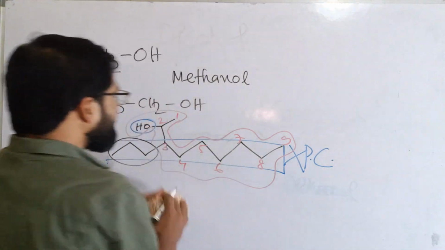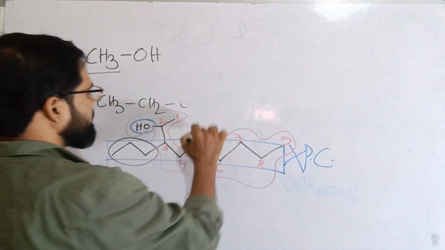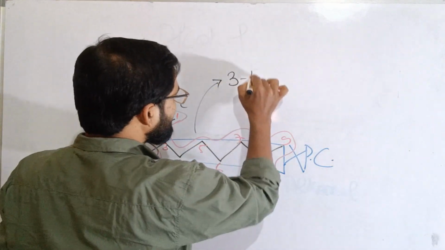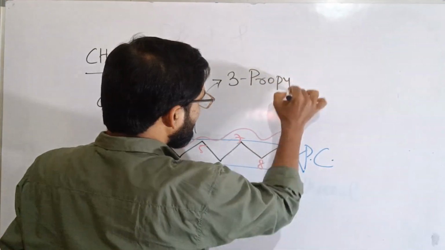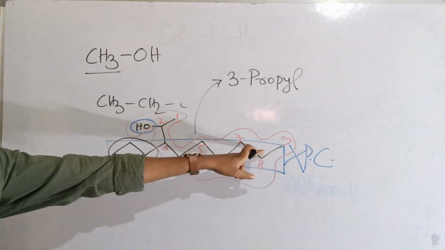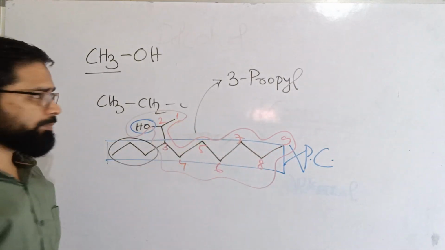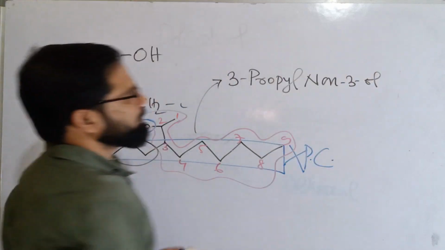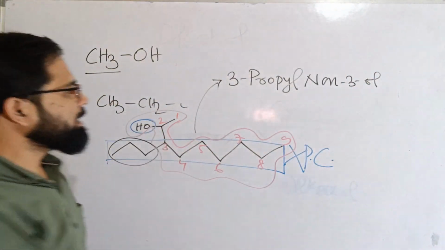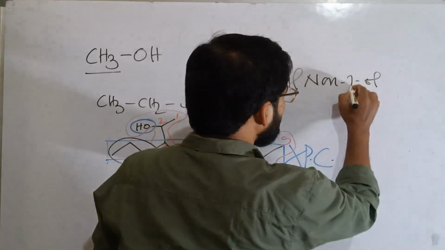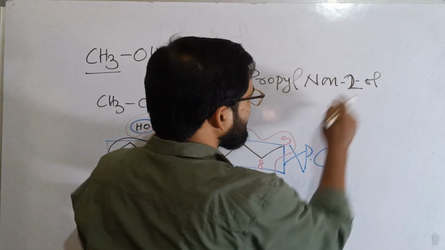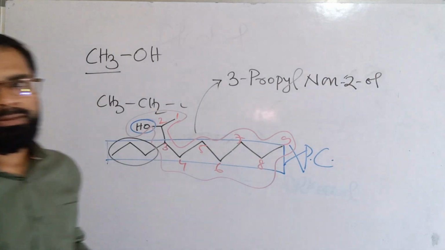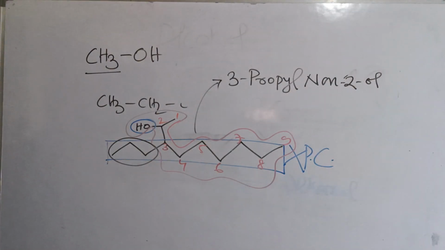So what will be the name of this compound? 3-propyl, then how many carbons? Nonan-2-ol. The functional group is at the second position. So this will be the name: 3-propylnonan-2-ol.